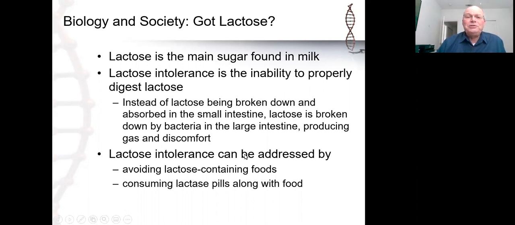And so in those cultures, a mutation has occurred close to where the gene for the lactase enzyme is found on chromosome number 2. And that has led to a continuance of the production of the lactase enzyme. Instead of the gene being disabled as you wean off milk and start consuming adult food, that gene continues to function because of this mutation.